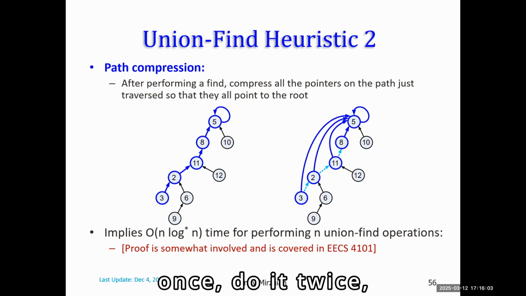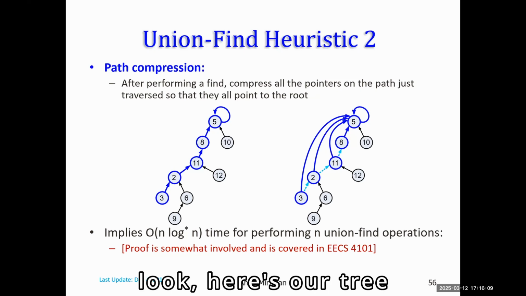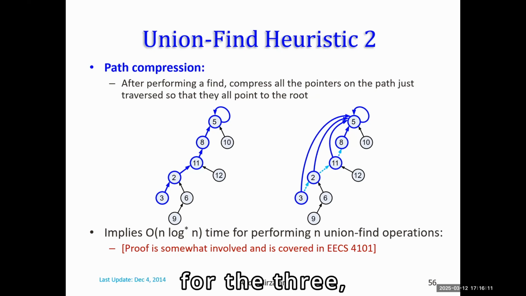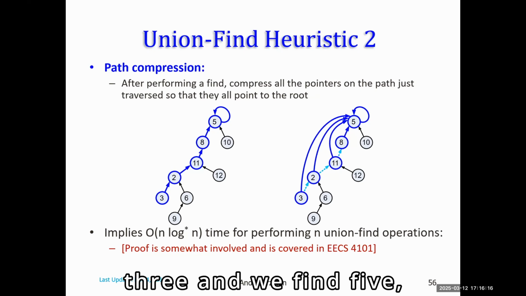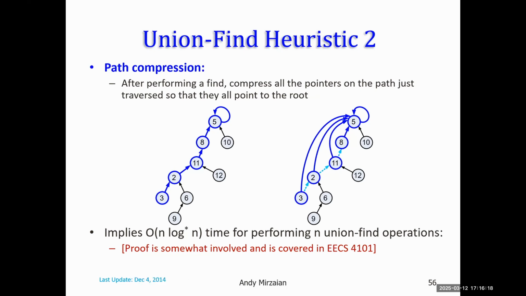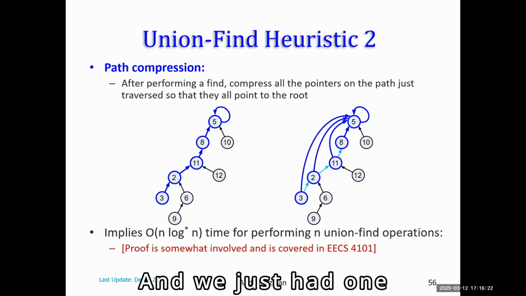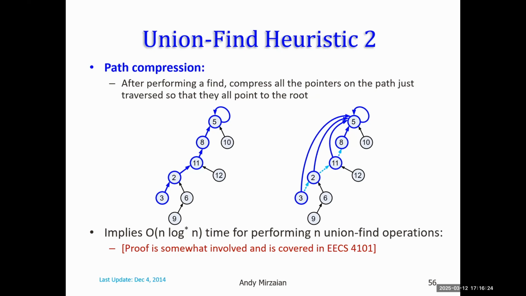If you did it once, do it twice. So what we're going to do is, here's our tree, and we're looking for the 3. We find the 3. We walk up from 3, and we find 5, and now we know 5's the root. And we just had 1 pointer going up.